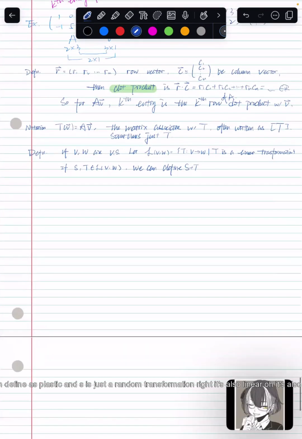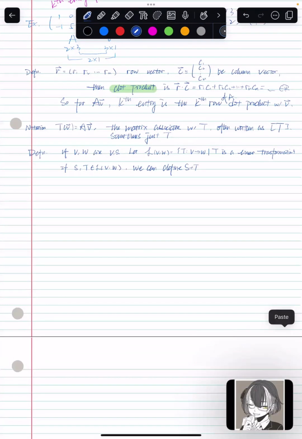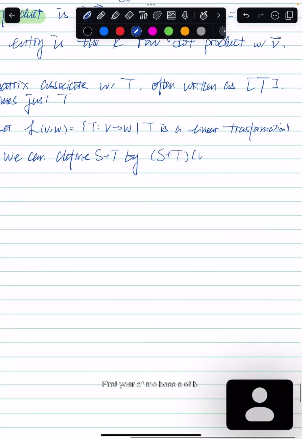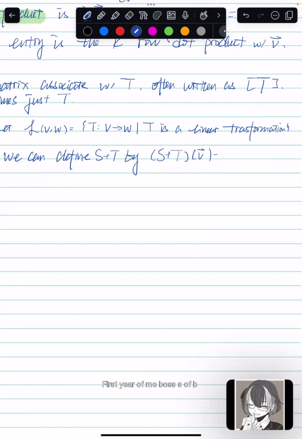It's also linear. So (S plus T)(V) equals S(V) plus T(V).